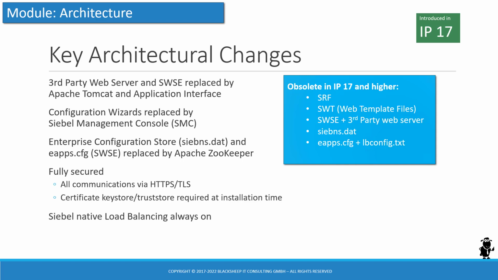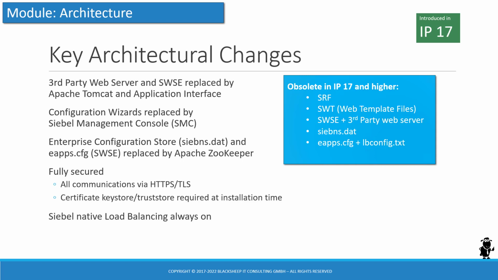So, for example, the third-party web server and Siebel Web Server extension that we know from prior releases are replaced by a combination of the open source Apache Tomcat server and what is known as the application interface, a Java application written by Oracle that replaces the Siebel Web Server extension.